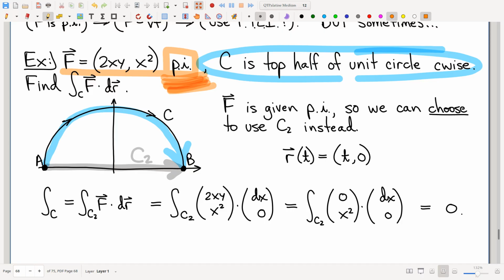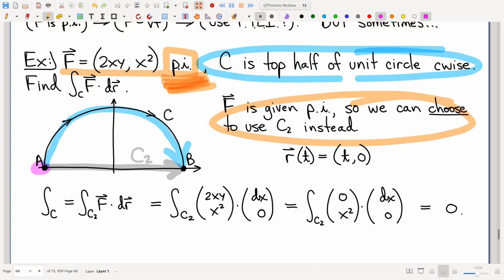Let's capitalize on this. If it's path independent, I can choose any other curve that I like, any curve that starts at the same point. Remember, very important: path independence only works if the two curves start at the same point and end at the same point. So I've got a huge number of options. I could pick that path as my second path.